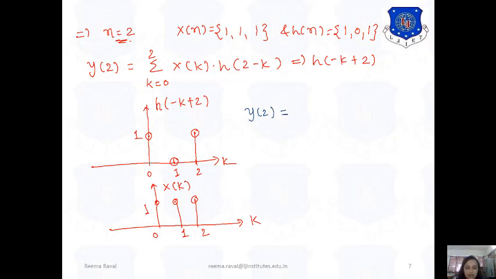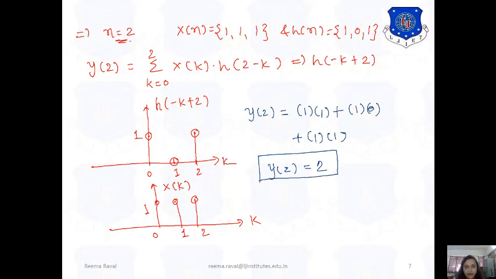So as you can see, at instant 0 h of minus k plus 2 has the value 1, at instant 0 x of k is also 1. So by multiplying the respective values, we will get 1 into 1 plus 1 into 1. So y of 2 will be equal to 2. Okay.